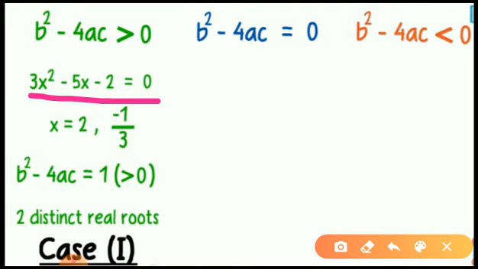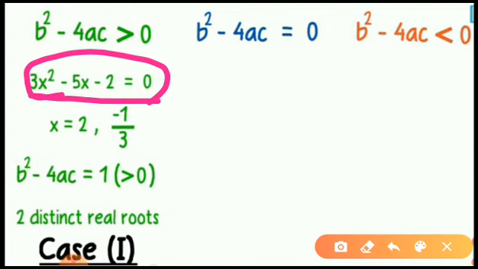The roots are x equal to 2 or minus 1 by 3. I have not shown the steps here, just in order to show how the discriminant works.